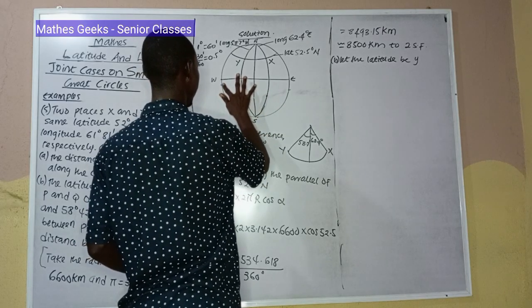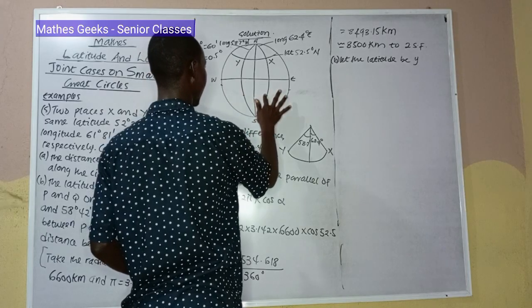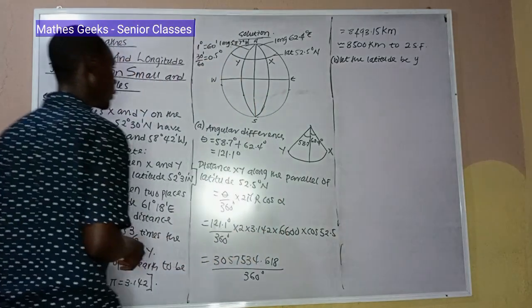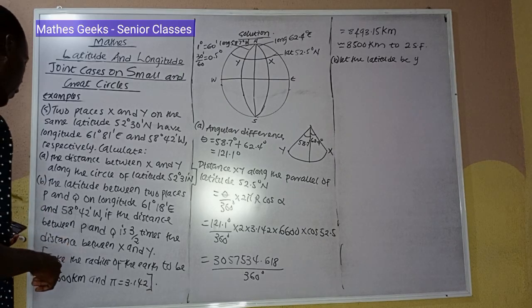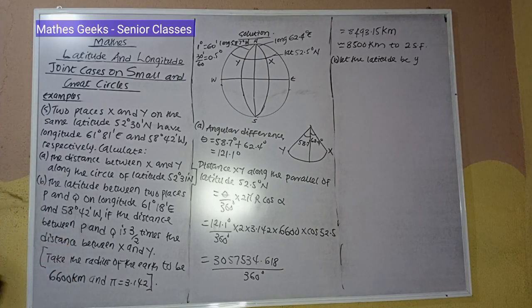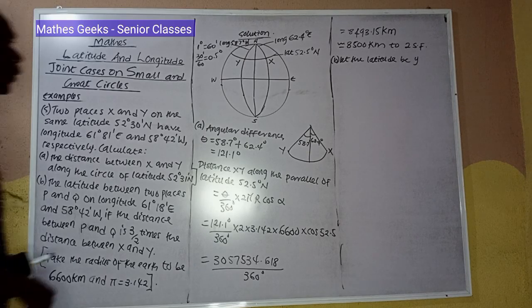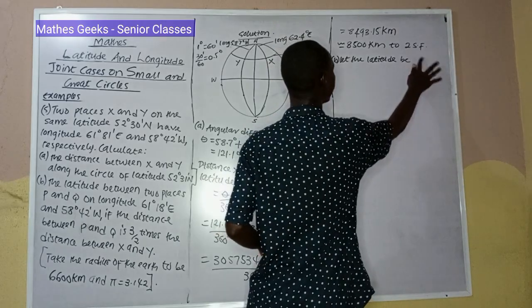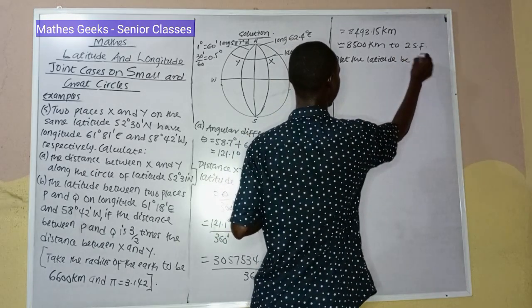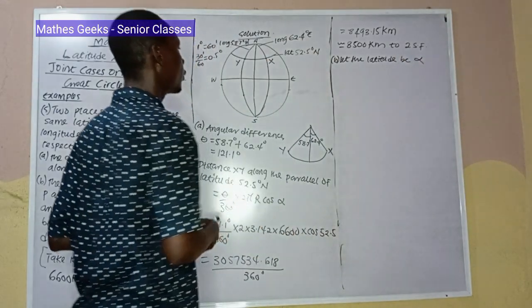However, since we are looking for the latitude, it is going to be common to both points P and Q, that is to say a parallel of latitude also. So I'm only going to say let the latitude be alpha.